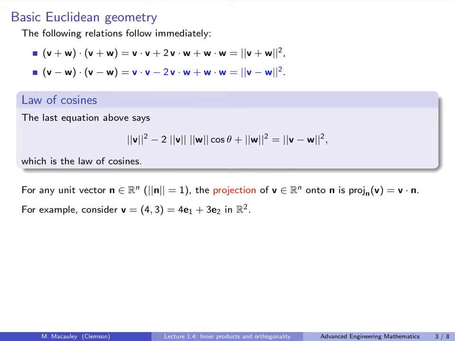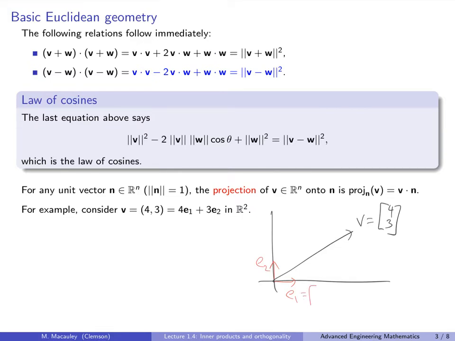Consider the vector (4, 3), which is 4e1 plus 3e2 in R2. Let me draw a picture of this. So here's the vector (4, 3). Remember, it doesn't matter if we write it vertically, like this, or as an ordered pair, like that. But let's project this vector onto e1 and e2.